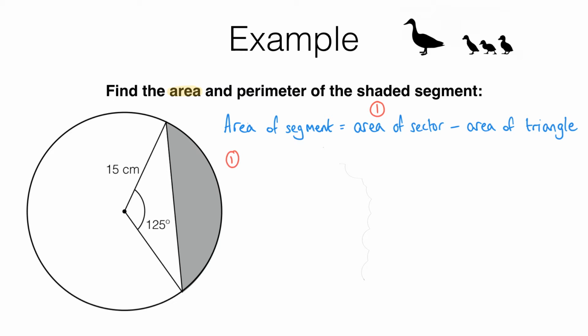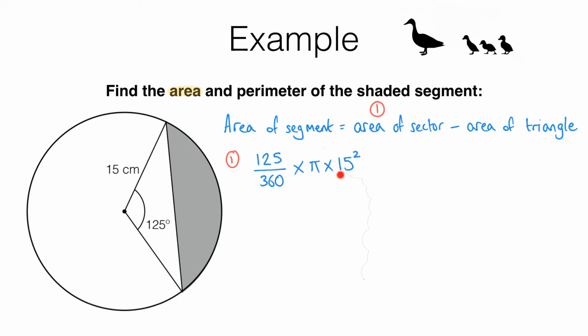So the area of the sector is simply going to be 125 360ths of the area of the circle, as we saw in the previous video. So that's 125 360ths multiplied by the area of the circle, which is pi times the radius squared, and in this case the radius is 15.